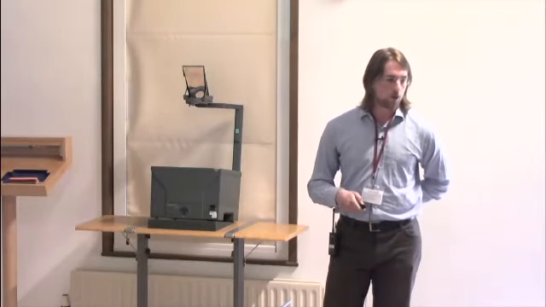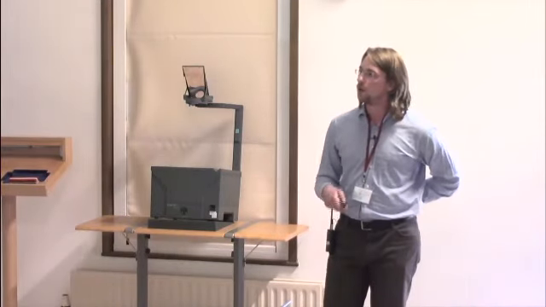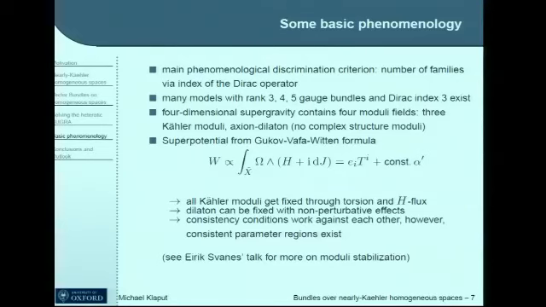This has been well known from an old work by Witten. And more interestingly, if you analyze the values that you get, you can get a consistent parameter region. There are certain effects which work against each other, but you can get fairly consistent parameters out of it.